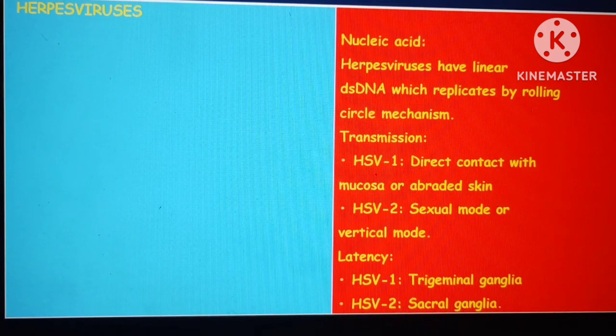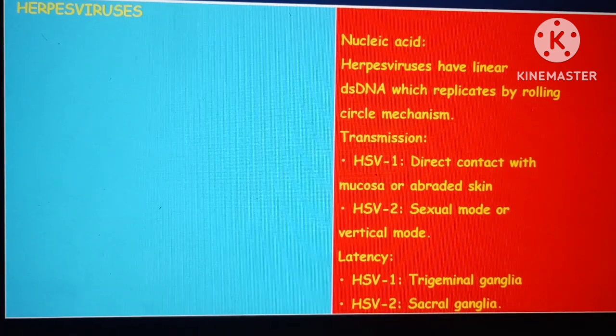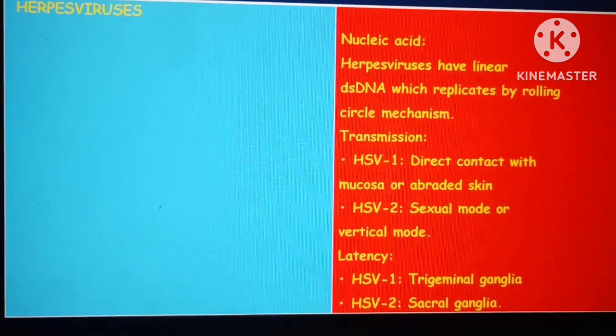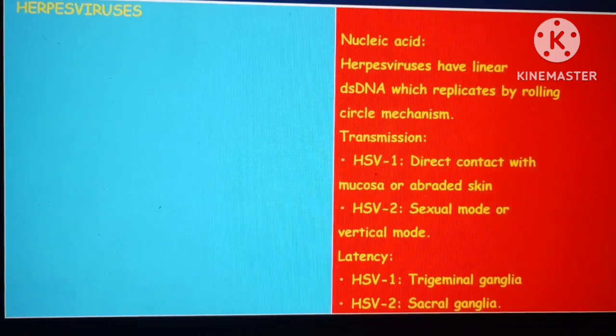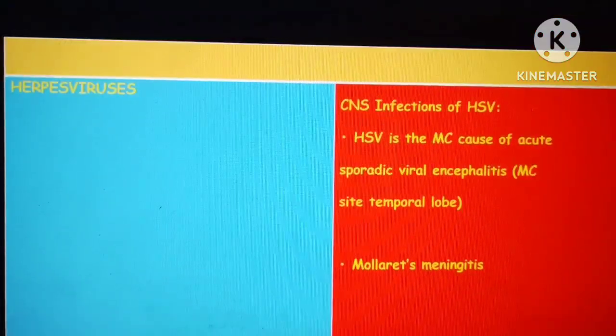Regarding latency, HSV1 usually resides in the trigeminal ganglion, and HSV2 resides in the sacral ganglion. You can remember that HSV1 infections are usually above the groin region and HSV2 below.